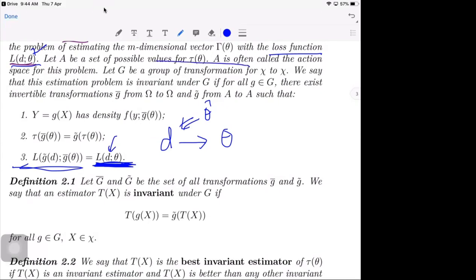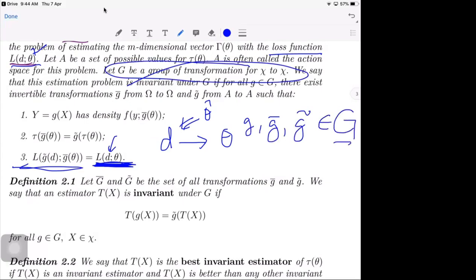As long as it satisfies your G bar, G bar, and G tilde, they should be in your group of transformations, such that it is just an invertible function from chi to chi, no?